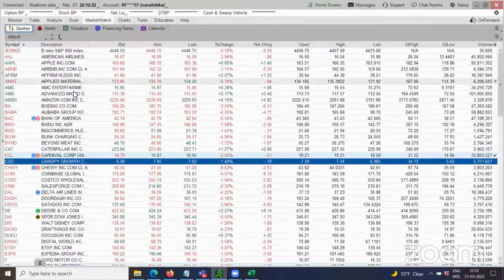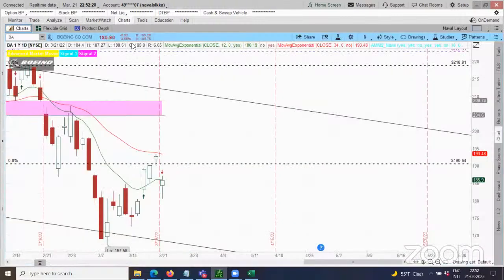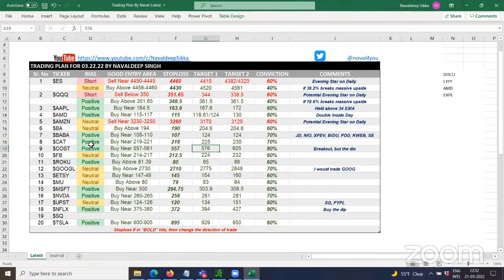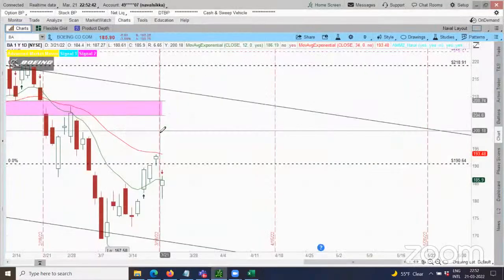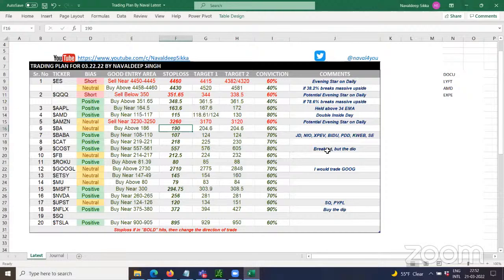Boeing, if you see 185, it made a low of 180, made a high. In case I have to trade Boeing, I want it to trade above 186. Again, I'm neutral here. I want to trade it above 186 because that's the capture of the 12 EMA.